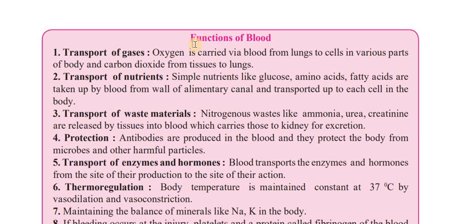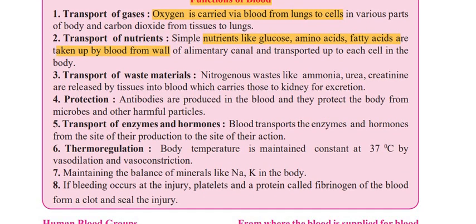Next one, this question will come for 2 marks. Function of blood. You can write here at least 4 functions. Here, oxygen is carried via blood from the lungs to all parts of the body. Second, nutrients like glucose, amino acids, fatty acids are carried by blood to all parts of the body.